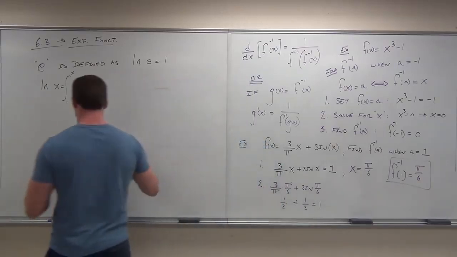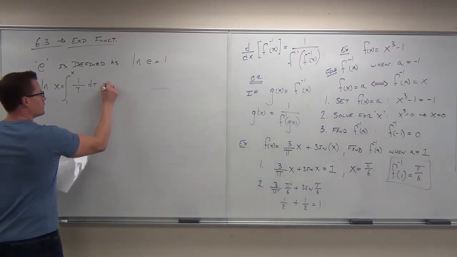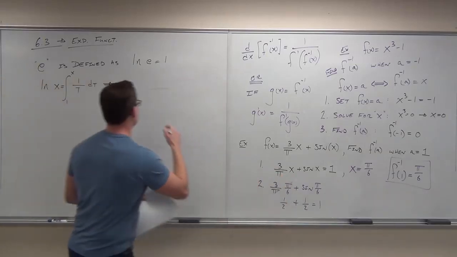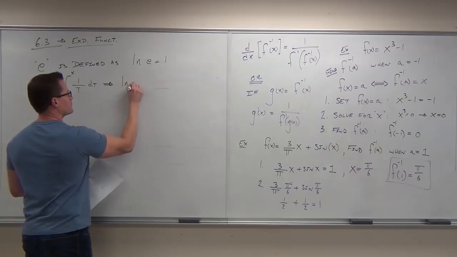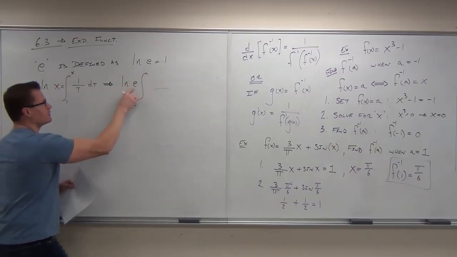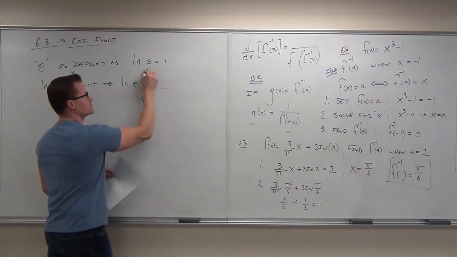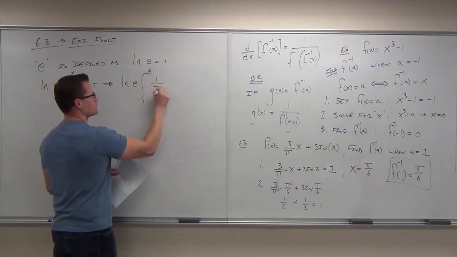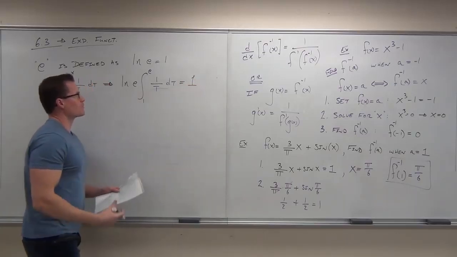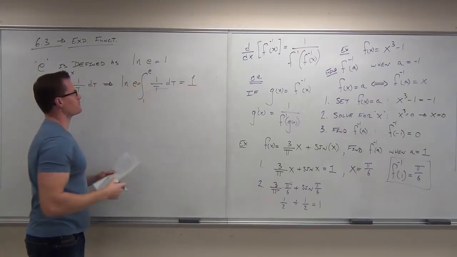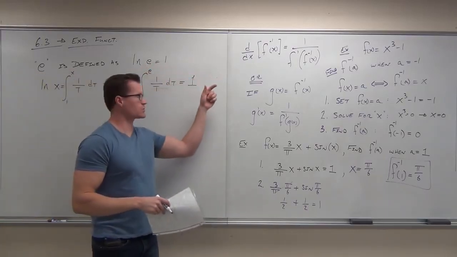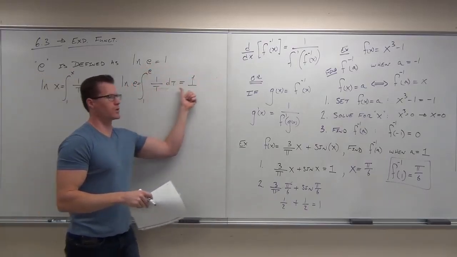Well, what that implies is that if x now becomes e, ln x becomes ln e, and the integral from 1 to x becomes 1 to e. This has to equal 1. Sorry, forgot my equals. If ln e equals 1, that's our definition here, folks. That means that this integral also has to equal 1.